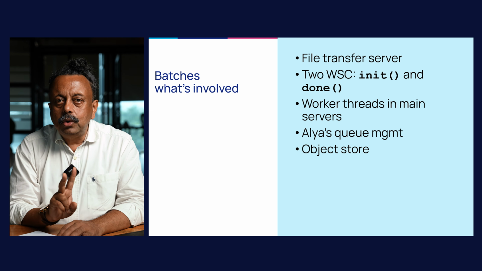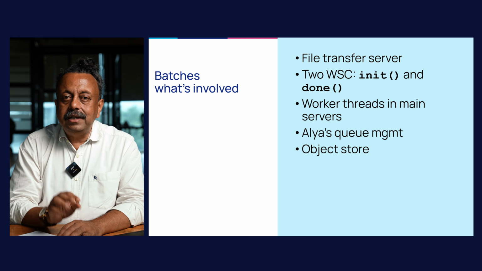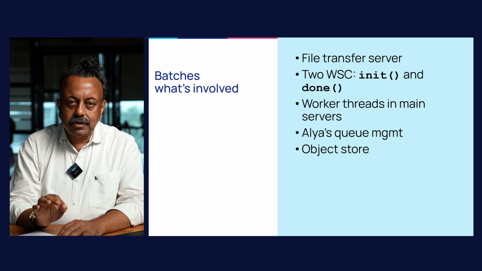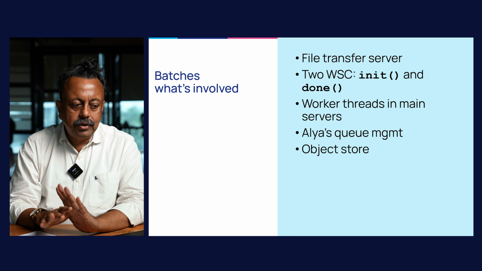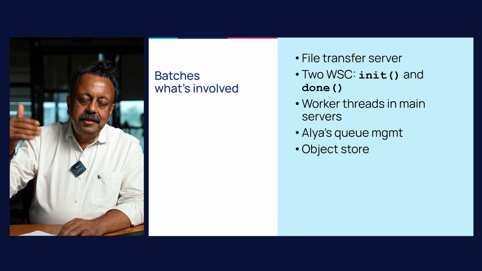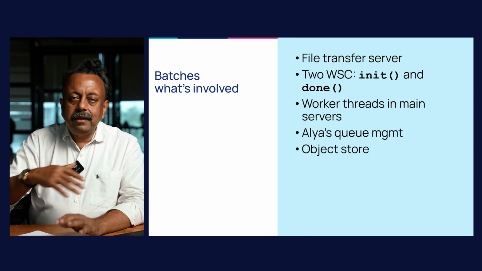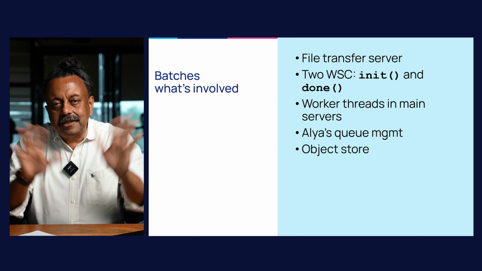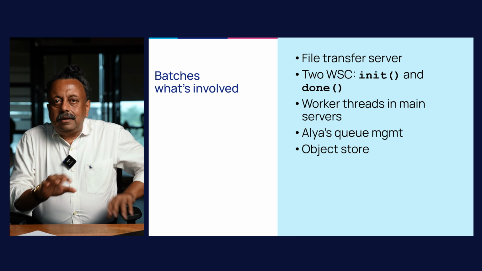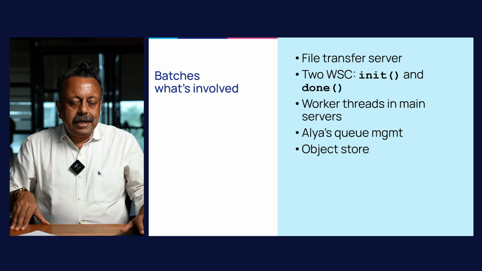Then you need two web services. One is init, to create a batch, and one is done, to check whether the batch is finished or not. And you need worker threads in the main servers and you need an object store to store the files. So these are basically the moving pieces which allow you to handle a batch.